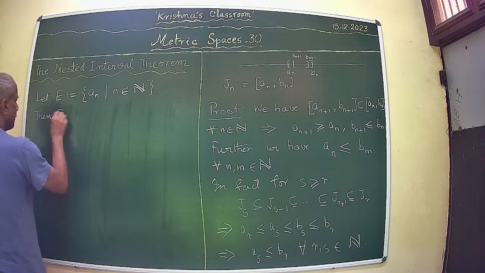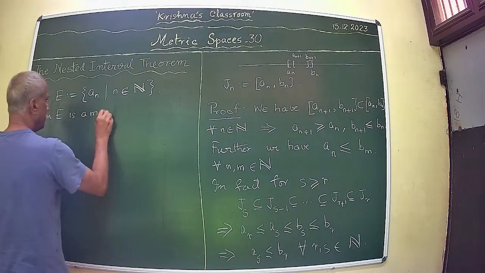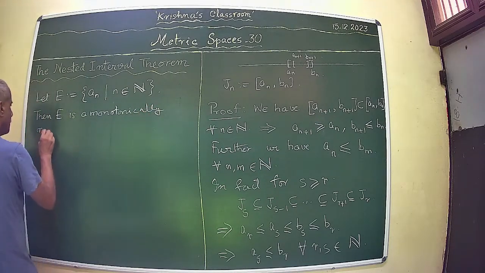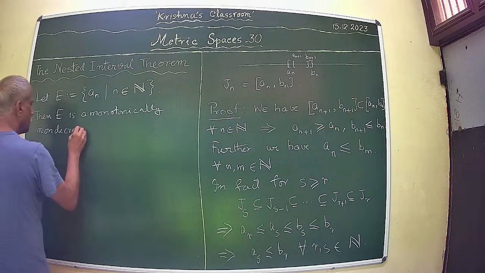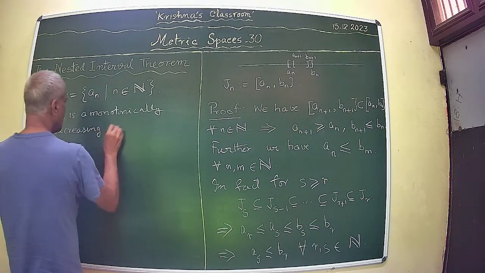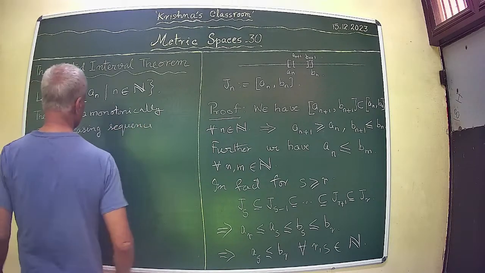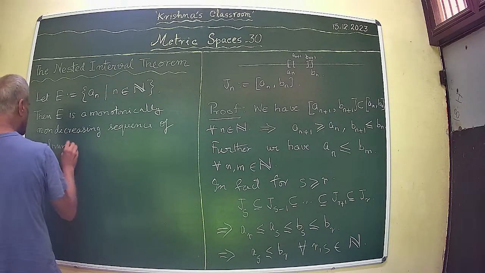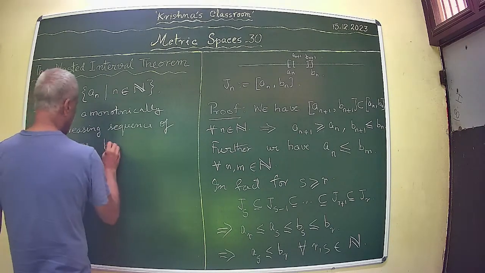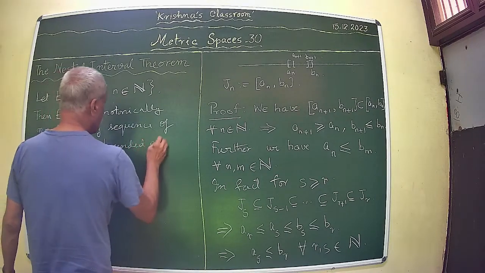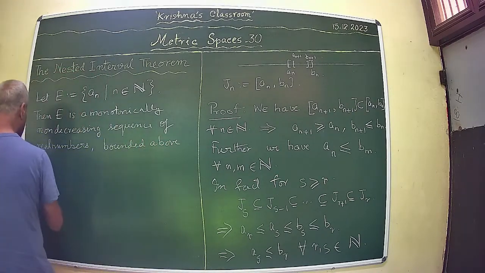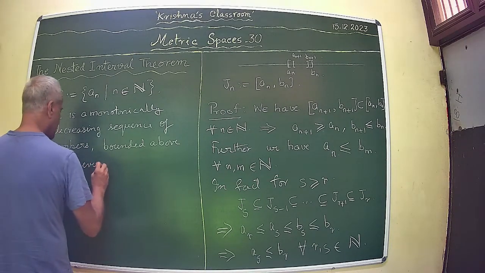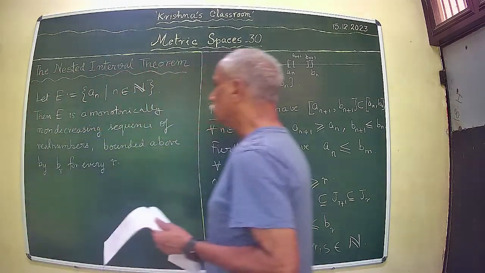Then E is a monotonically non-decreasing sequence of real numbers bounded above by b1, so it's a bounded sequence.